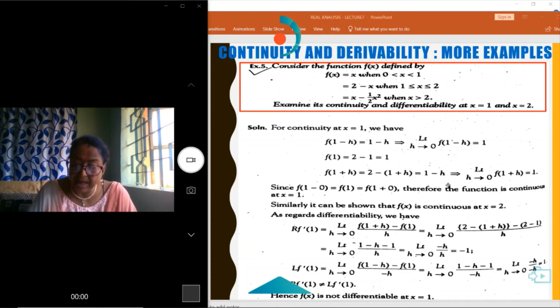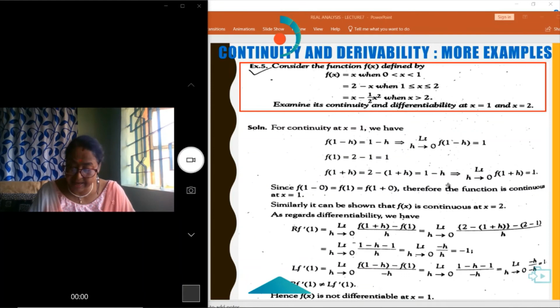For continuity at x equal to 1, we check f(1 - h), f(1) and f(1 + h). When the function is f(1 - h), that is x is less than 1, so we take the first value, that is x, and here f(1 - h) can be written as 1 - h, and after putting the values of h we write it as 1.